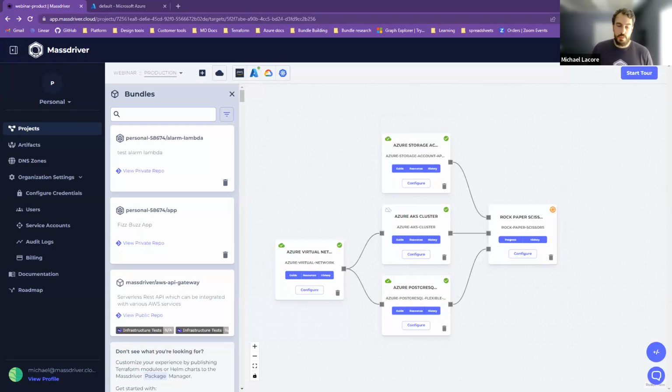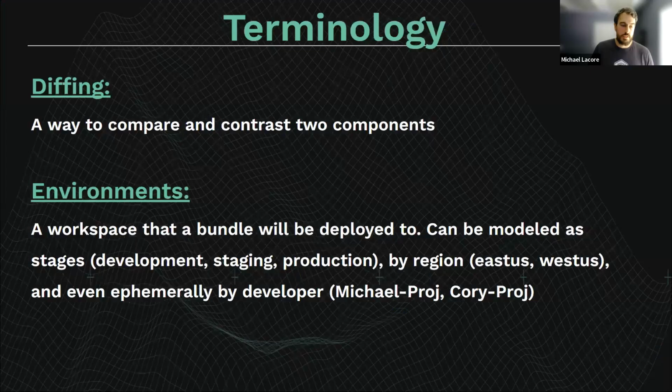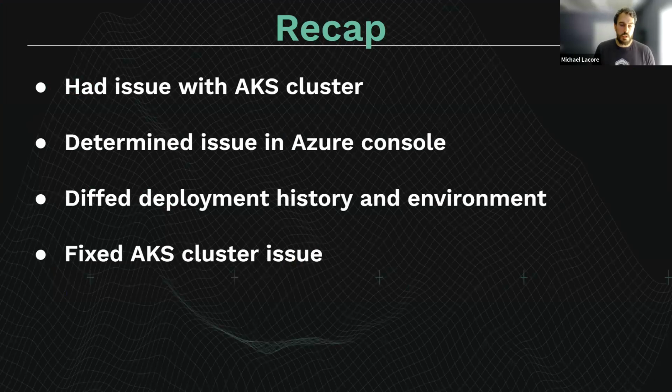Okay, so that's going to take a minute to deploy. I'll go ahead and switch back to my slide here. So to recap, we experienced an issue with deploying our AKS cluster application after bumping up the resources. We painstakingly went through the Azure console to determine what was wrong.